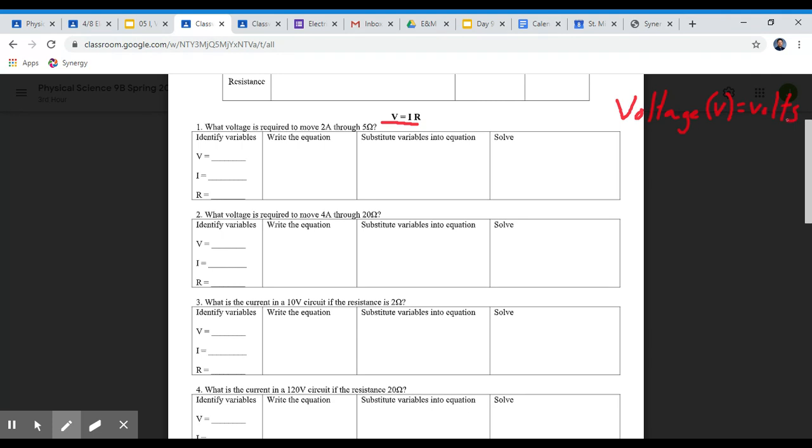And then current is kind of the tough one, because here's the problem with current. You have current, the word current, which starts with a C, and then you have the variable, which is represented with an I, and then you have the unit, which we measure in amps.